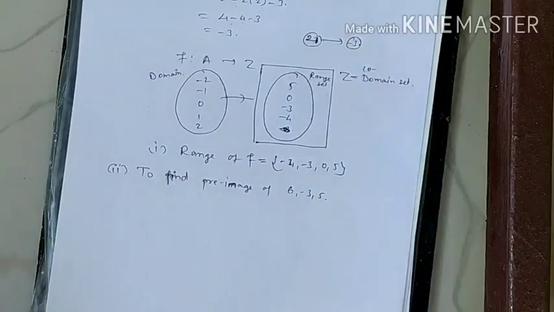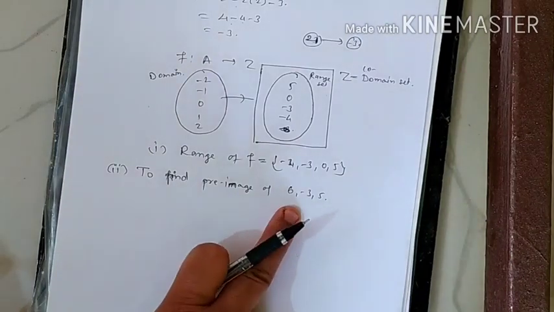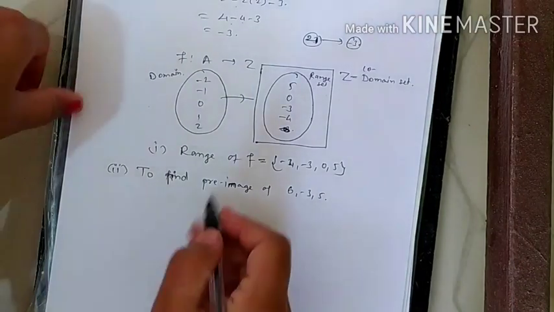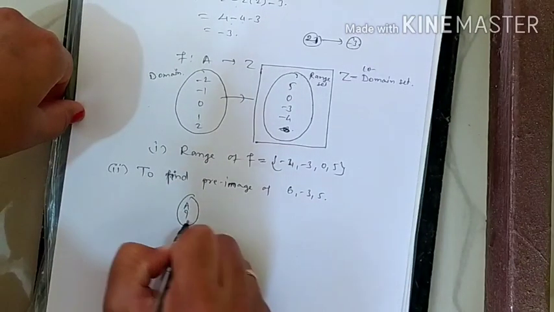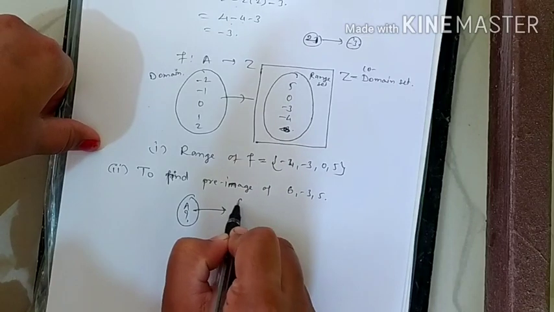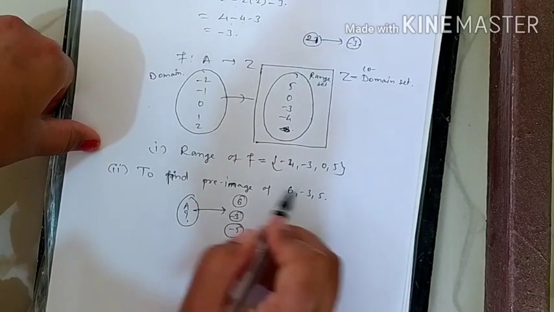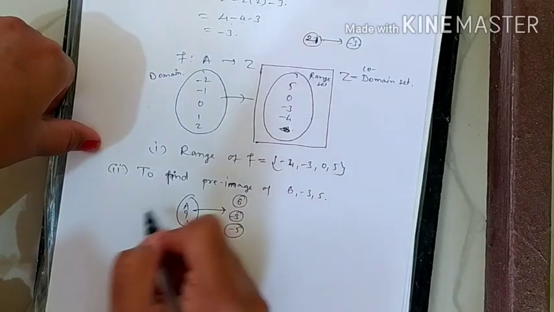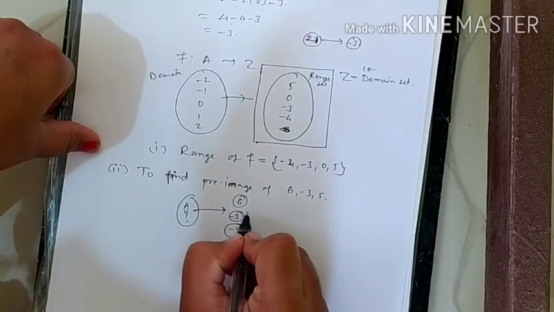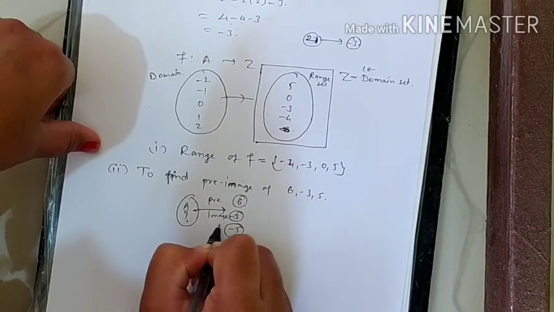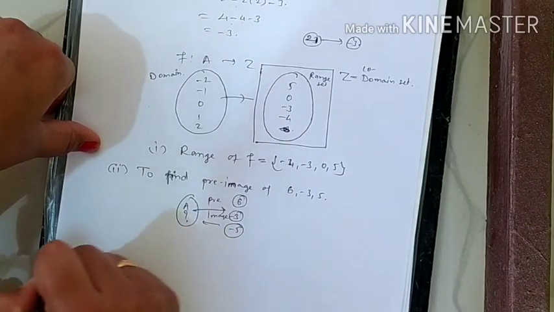Now students, for finding the pre-image of 6, minus 3 and 5, these three elements should be the images of the set A elements. We have to find the set A elements for which these are the images.